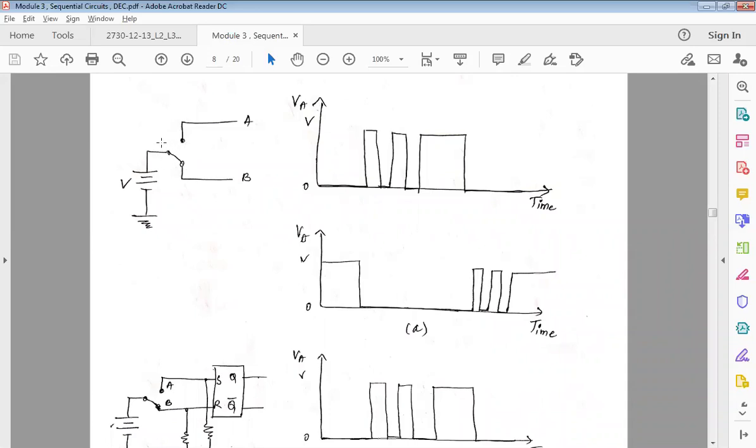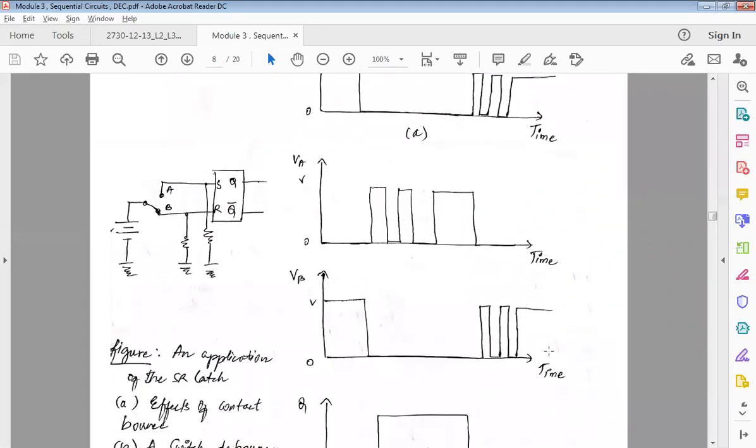The switch starts from here and connects to B. Similarly, in the next position, it can go to A. Which means whenever A is active, you can find that B is inactive. So you find that there is a low pulse here.